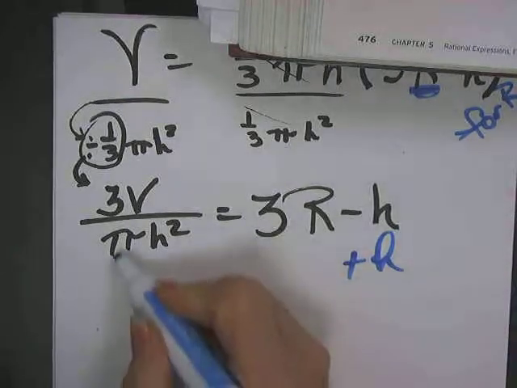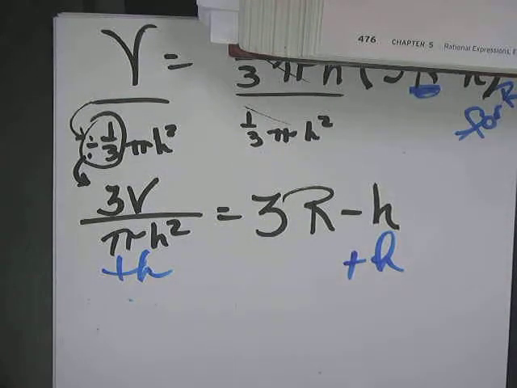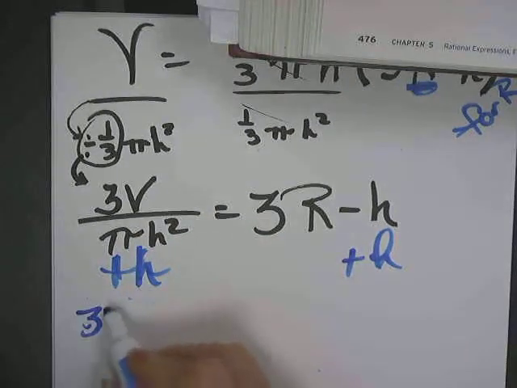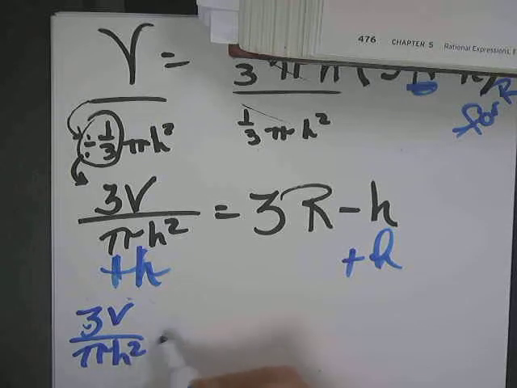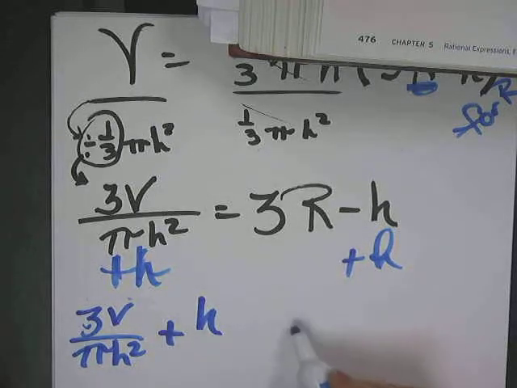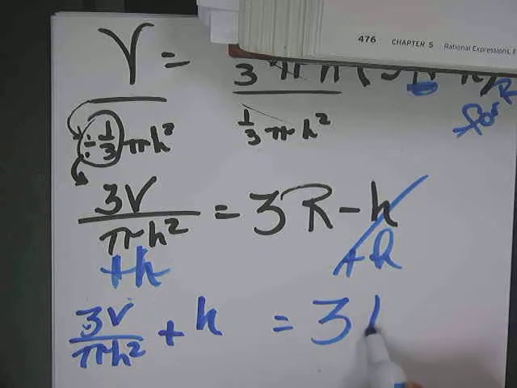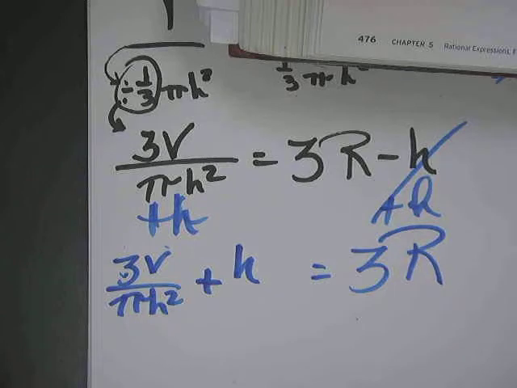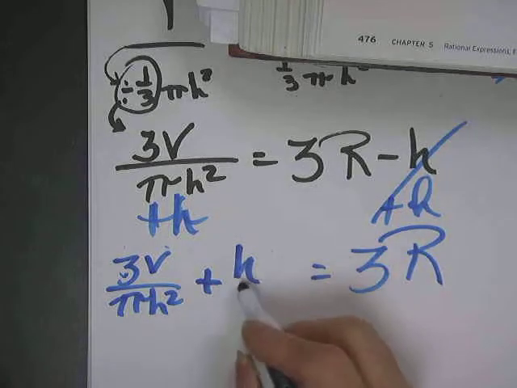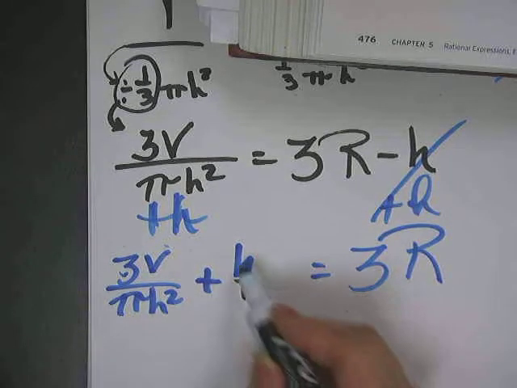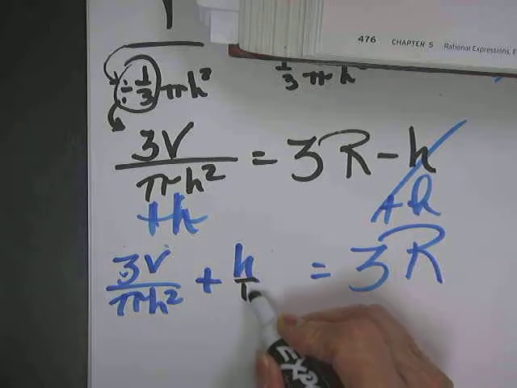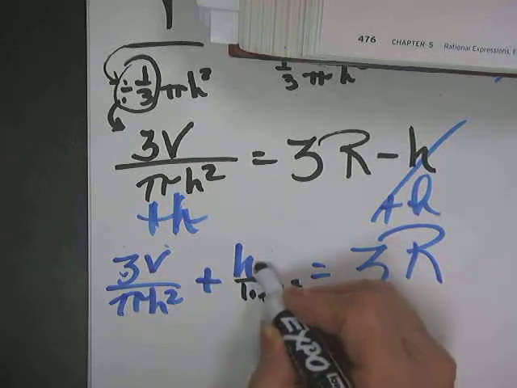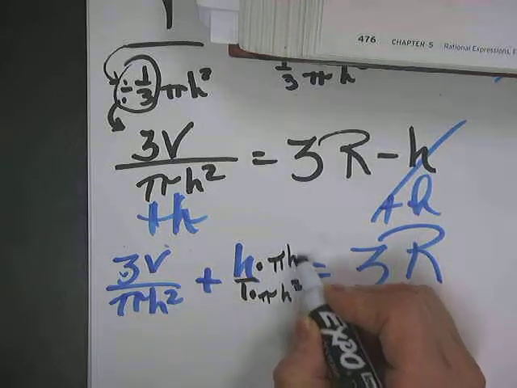We've got it over here on one side, where all we have is addition and multiplication. So what do we do first? Plus or minus, right? Add what? Add H. So we have 3V over pi h squared plus h equals 3r.